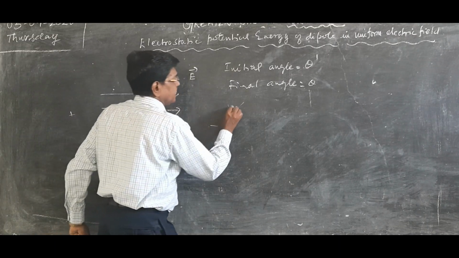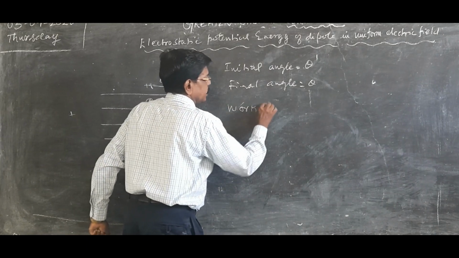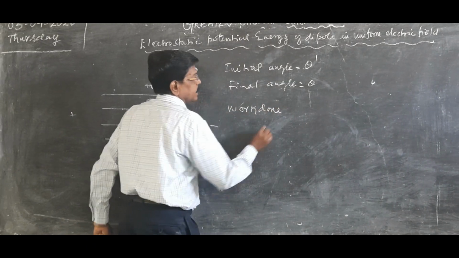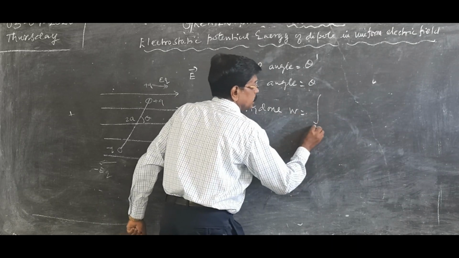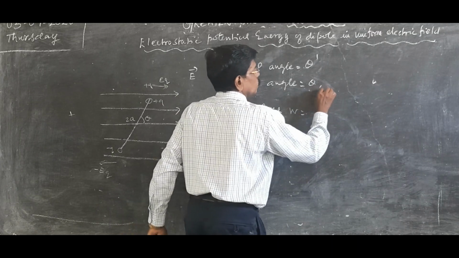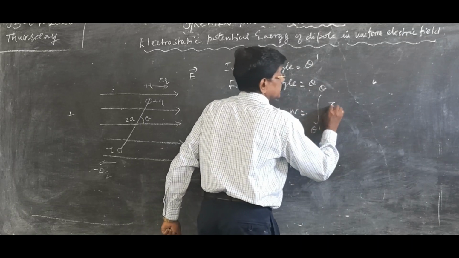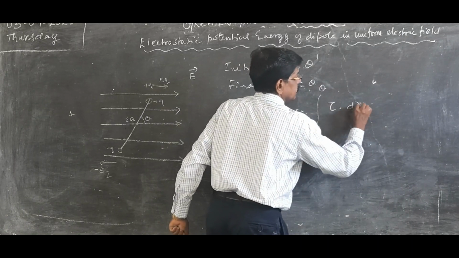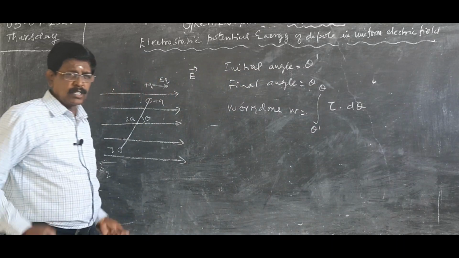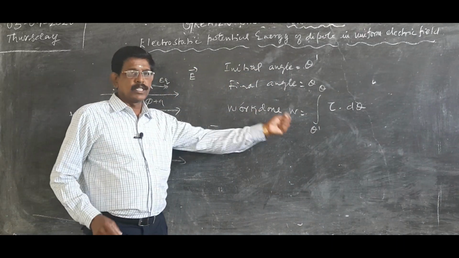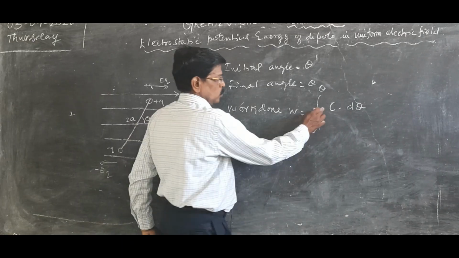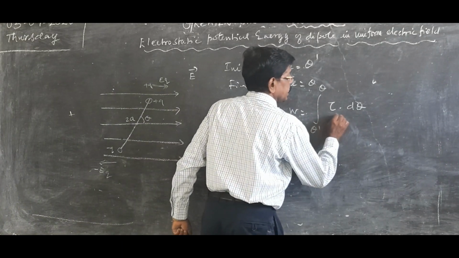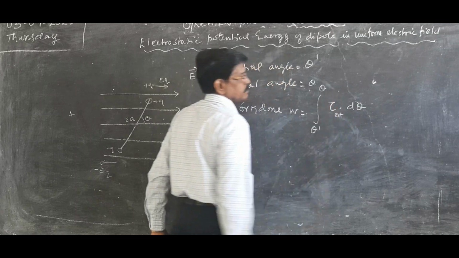What is the formula for work done? In the case of a dipole, the formula for work done is W equal to the integral from the initial angle to the final angle of tau d theta. So in the case of linear motion, it is force into displacement; here it is torque into angular displacement. This tau you can say is the external torque.